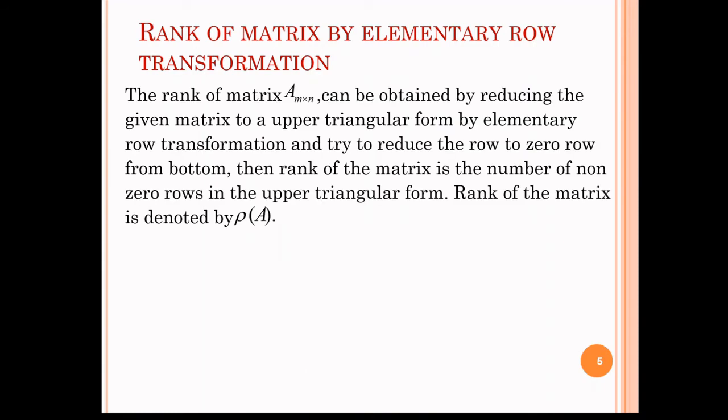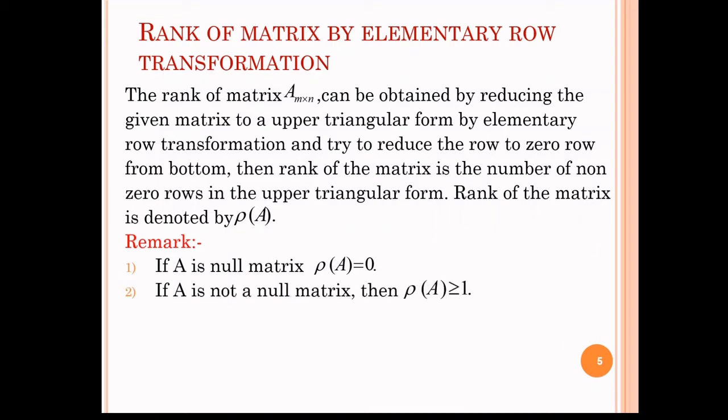Rank of the matrix: just have a glimpse of how to get the rank of a matrix. We define rank as the number of non-zero rows in the upper triangular form of the matrix A, called the rank of the matrix A. For a null matrix, the rank is obviously 0.